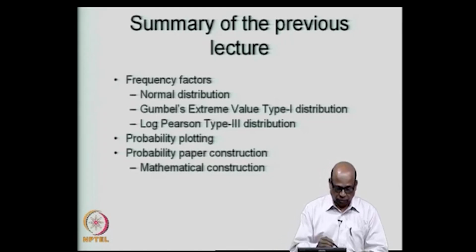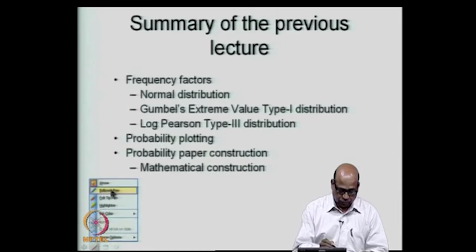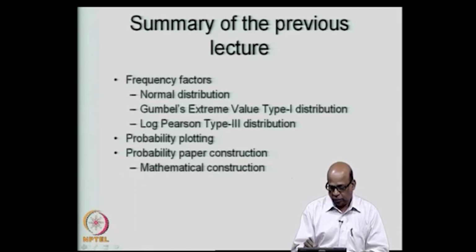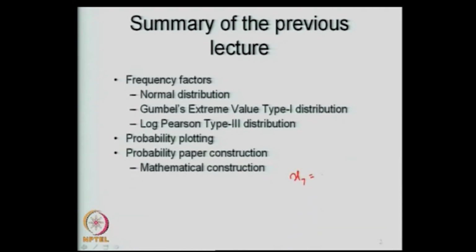So, if you recall, we wrote the expression as x_T is equal to x bar plus K_T into sigma, or if we are doing it for samples, we write K_T into s.